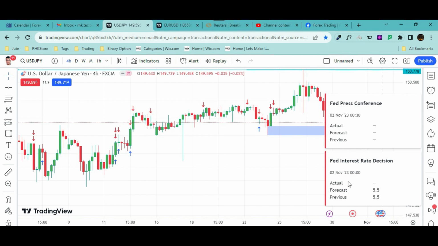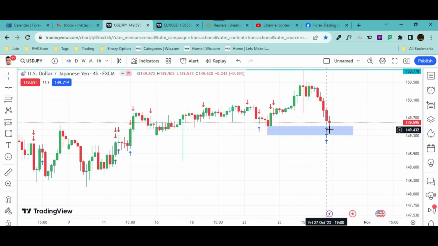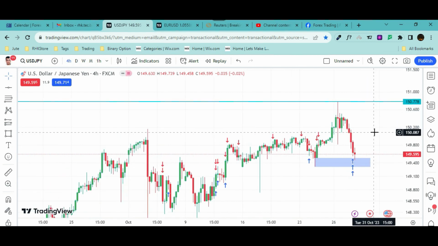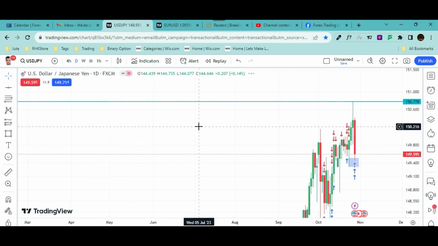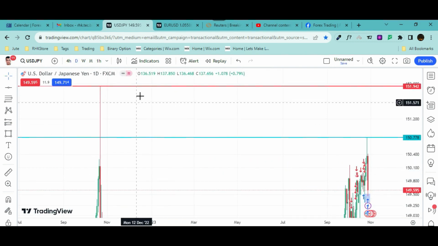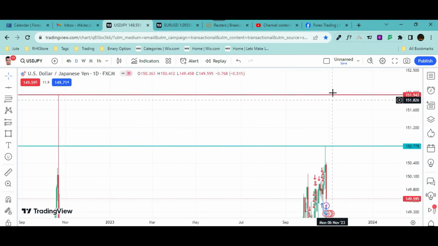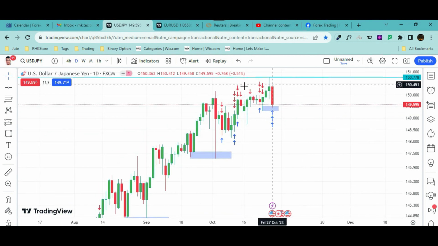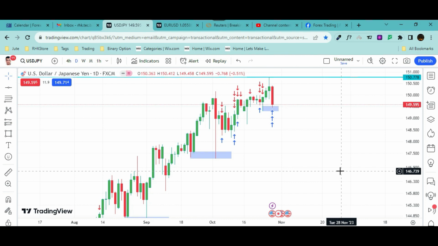If it goes higher, then again the US dollar and Japanese yen pair can jump up, and once it crosses the 150 mark, and for any reason if it can break the previous high of 151 or 152, it will open the door for more. I don't know where it will go, but considering the current situation, this is a risky situation where we have to be very careful if we trade USD and JPY.